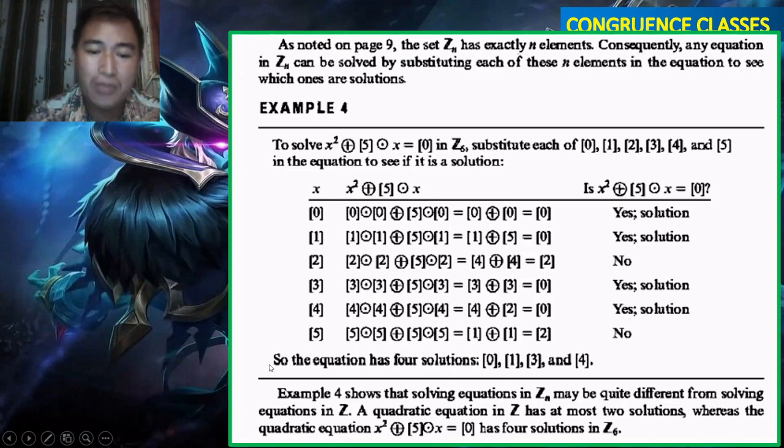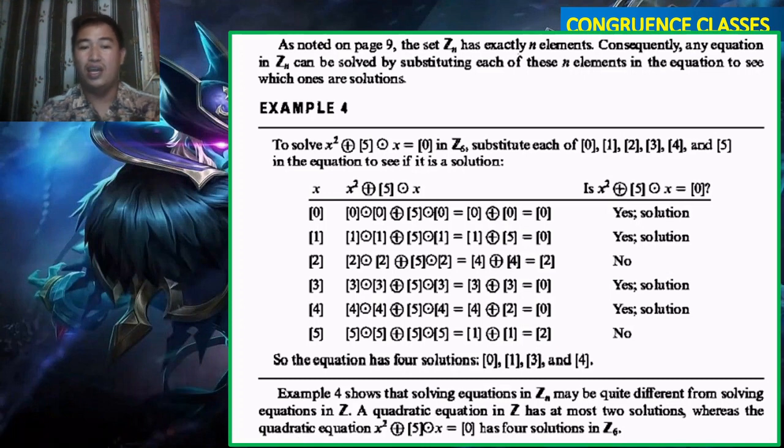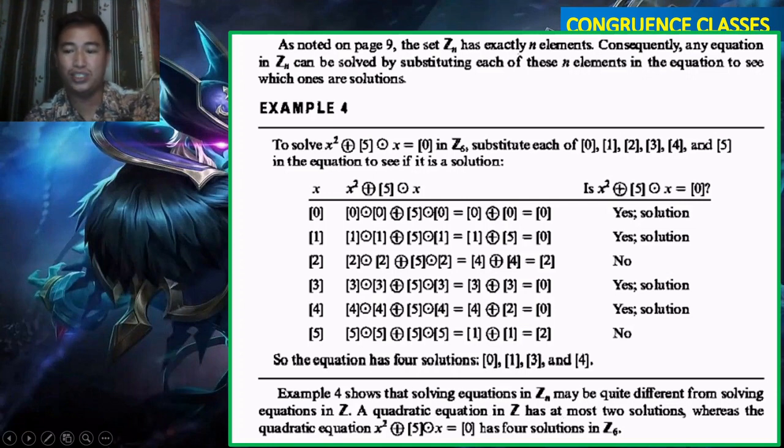Okay? So, example 4 shows that solving equations in Zn may be quite different from solving equations in Z. This is a quadratic, class, kay this is x squared. Sa Z, a quadratic equation has at most 2 solutions.